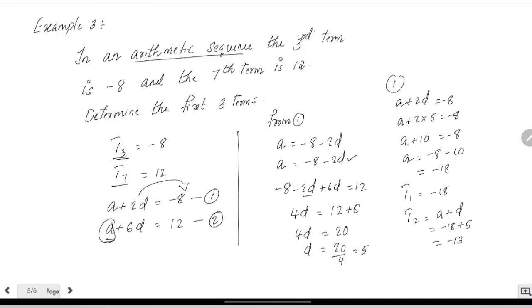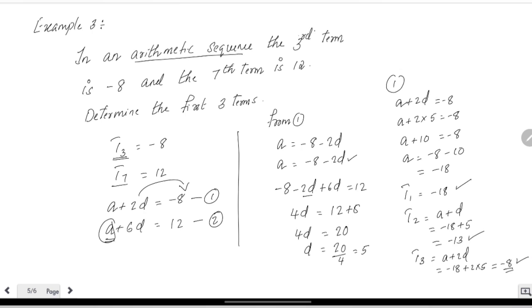Minus 13. Then what is T3? T3 by the formula is A plus 2D. That is minus 18 plus 2 times 5. So what is the answer? Minus 8. So you're done. The first term is minus 18, the second term is minus 13, and the third term is minus 8.